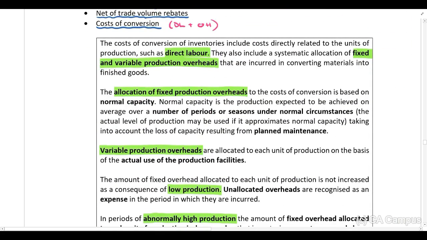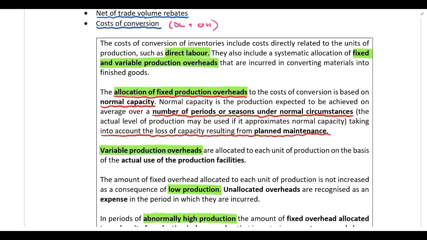And we are told that the allocation of fixed production overheads must be based on normal capacity. And then they even explain what normal capacity is. Normal capacity is the production expected to be achieved on average over a number of periods or seasons under normal circumstances, taking into account any loss of capacity resulting from planned maintenance.